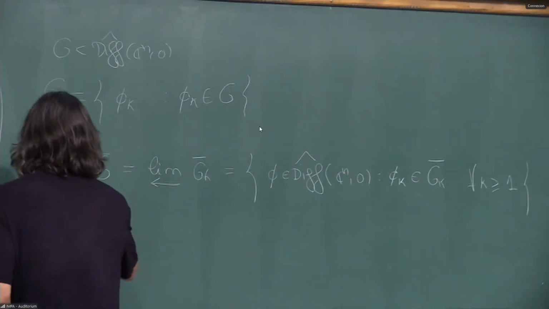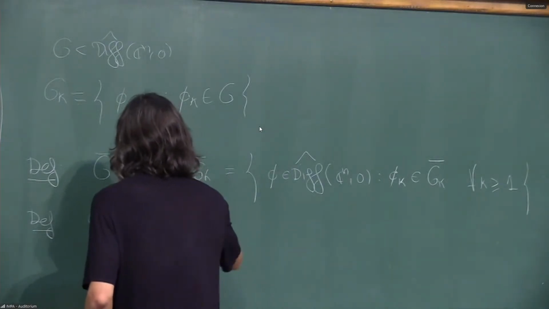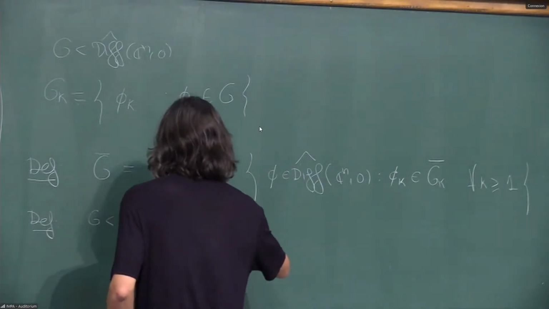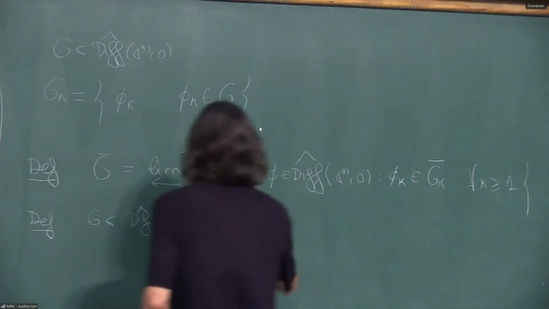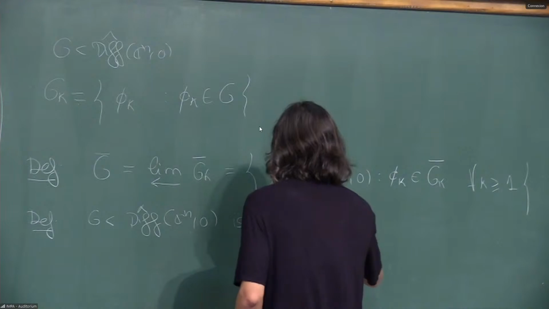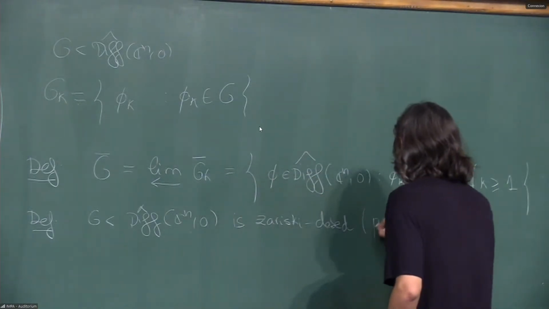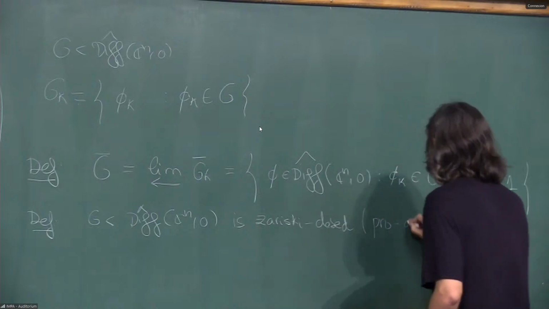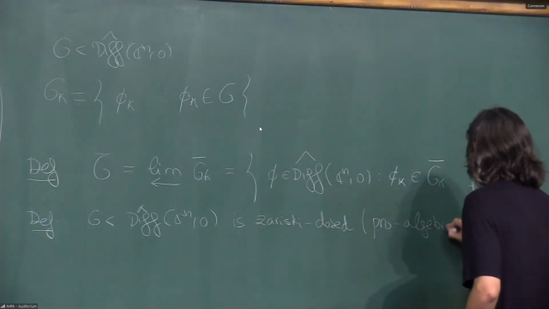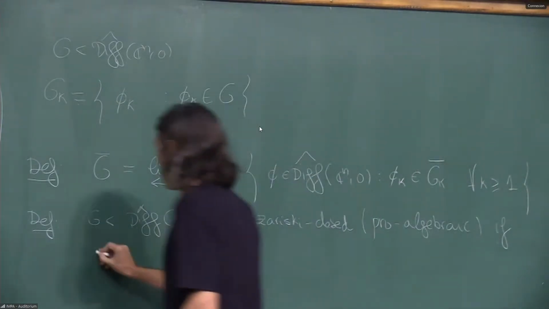So we can say that a subgroup of formal diffeomorphisms is Zariski closed, for instance, or another term that you can use is pro-algebraic, because it's a projective limit of algebraic groups, if it coincides with its closure.